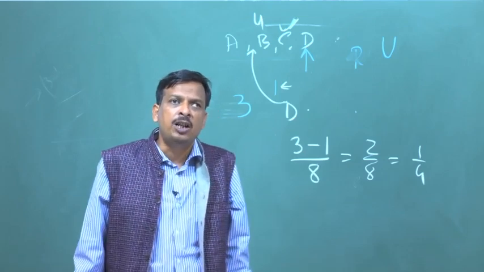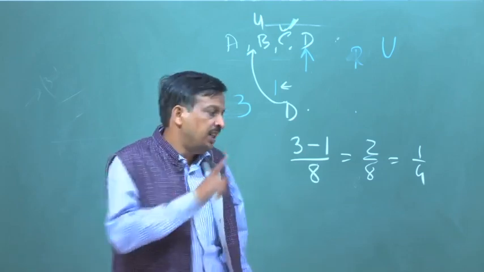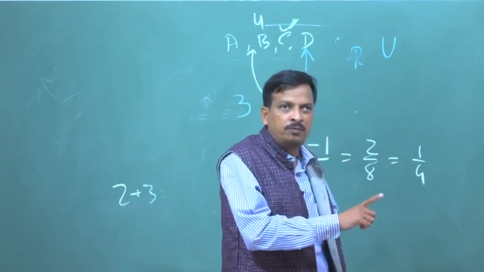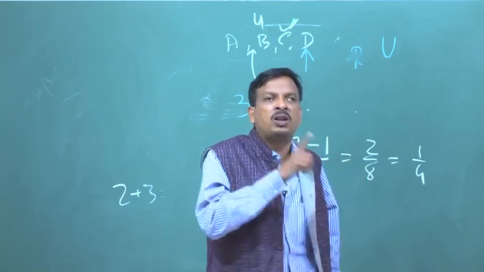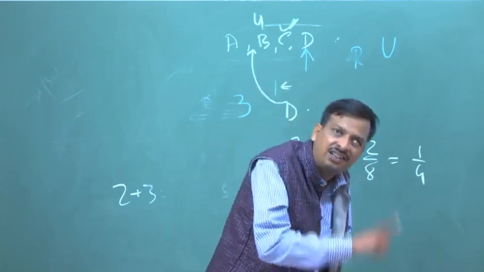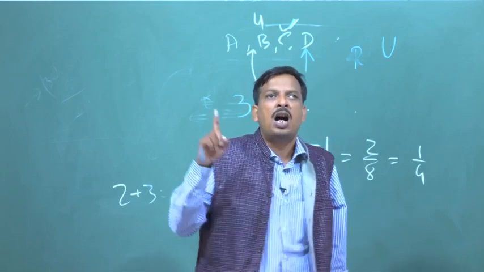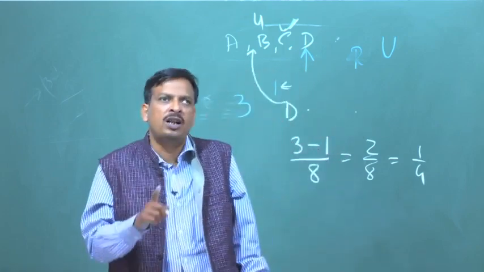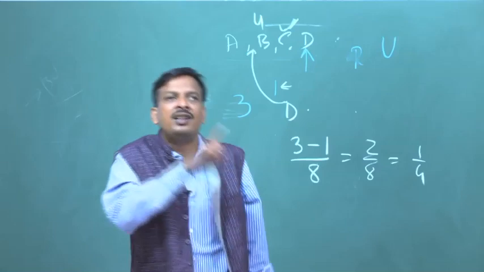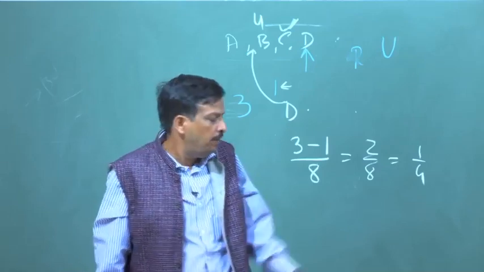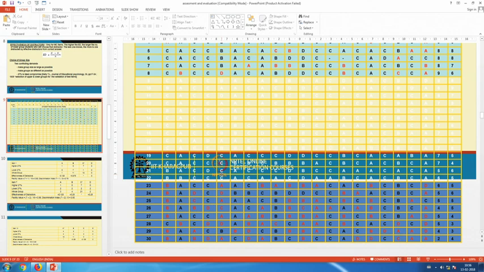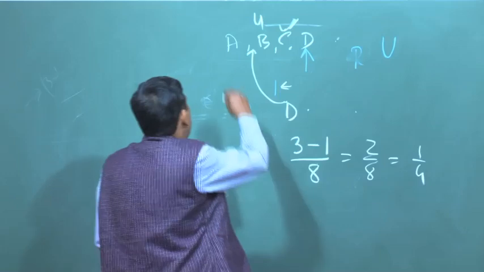So, the effectiveness of distractor D in test item 4 is determined by how many lower group students chose that distractor minus how many upper group students chose that distractor, divided by the group size. Now, in item number 4, what is the effectiveness of the distractor of option A?